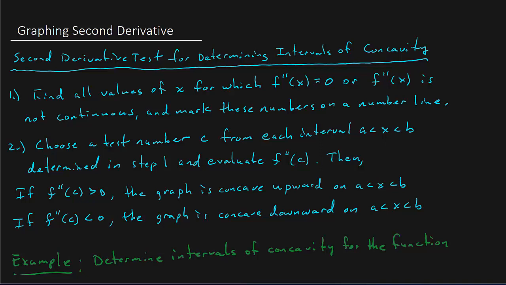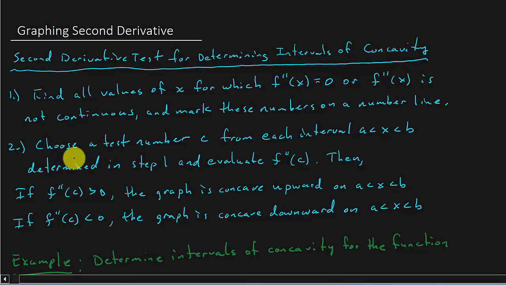It says second derivative test for determining intervals of concavity. We're going to determine where the function is concave up and concave down. Find all values of x for which f double prime is 0 or is not continuous and mark them on a number line. Choose a test number c from each interval and evaluate f double prime of c.